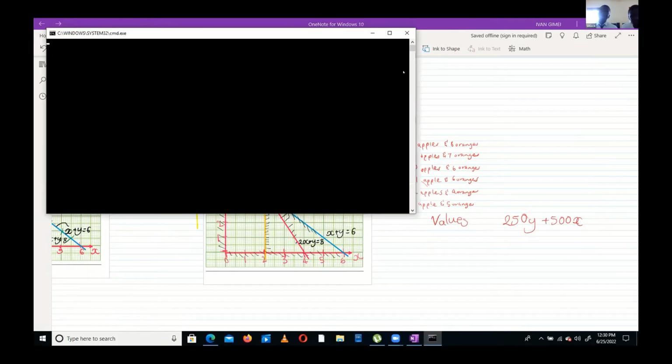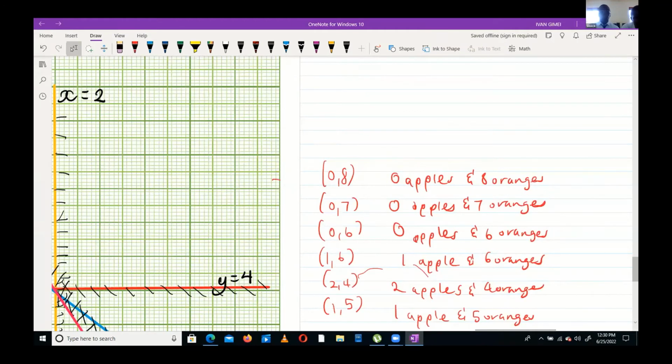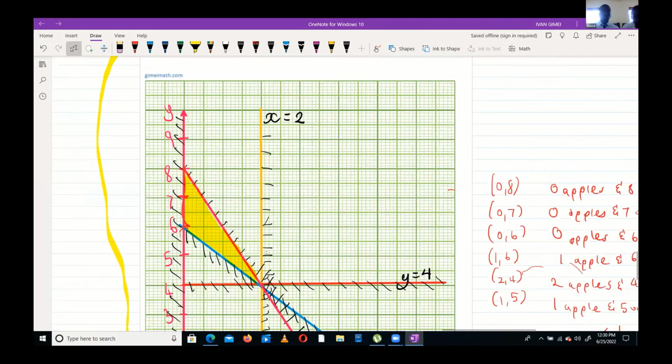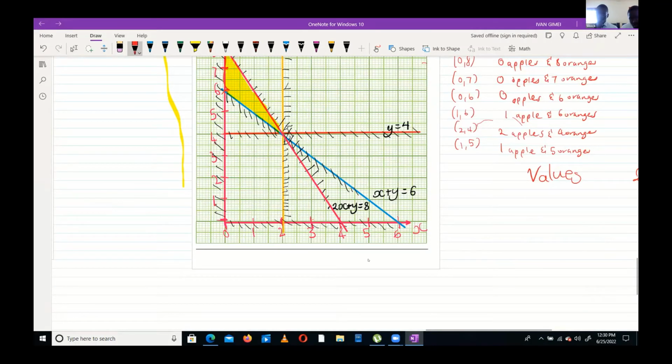So our first coordinates, first values, we can pick from the feasible region is this one, where x is 0 and y is 6.